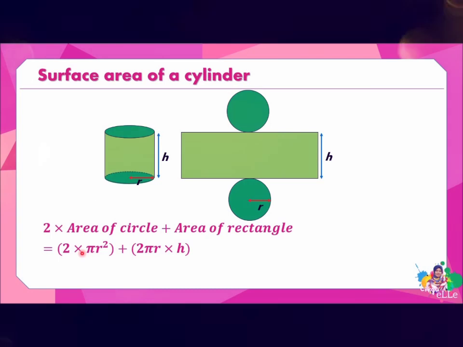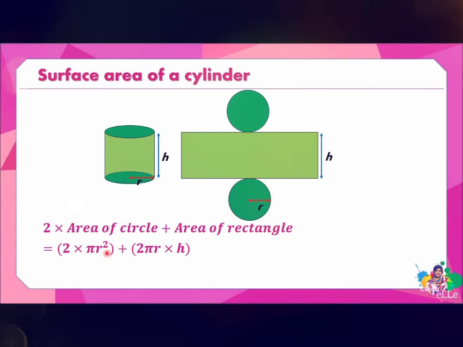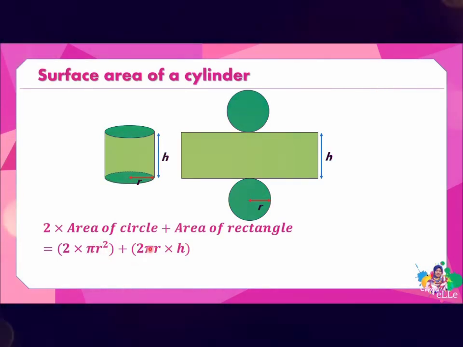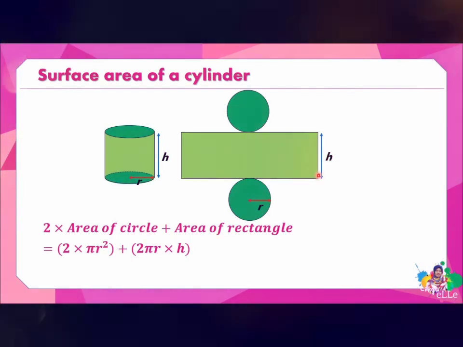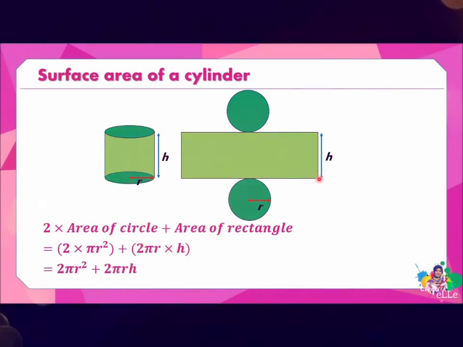Therefore this one is 2 times pi r square, because the formula for the area of a circle is pi r square. And for the area of the rectangle, 2 pi r is the circumference, which equals the length of this rectangle, multiplied by its height. Okay, the formula to find the surface area of a cylinder is 2 pi r square plus 2 pi r h.